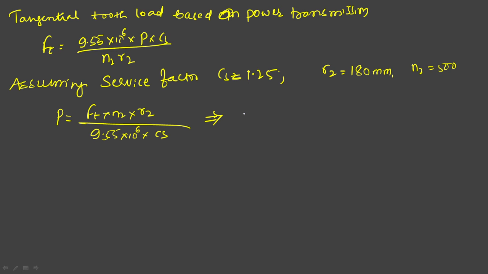Let us substitute. Ft is 1675.187, N2 is 500, R2 is 180, divided by 9.55 into 10 to the power of 6, into 1.25.